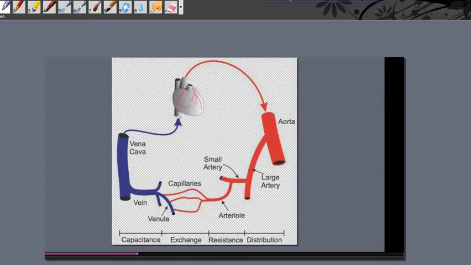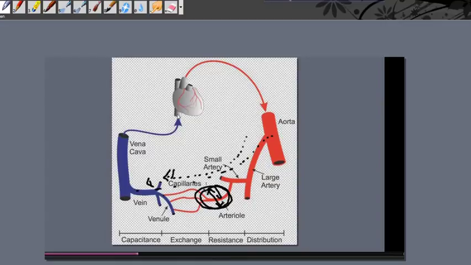And on the other hand, if total peripheral resistance goes up, our blood pressure will go up. Total peripheral resistance is mainly determined by the diameter of the arteriole. If your arteriolar diameter is more, blood in the major arterial system can leave easily, coming into the venules and veins.